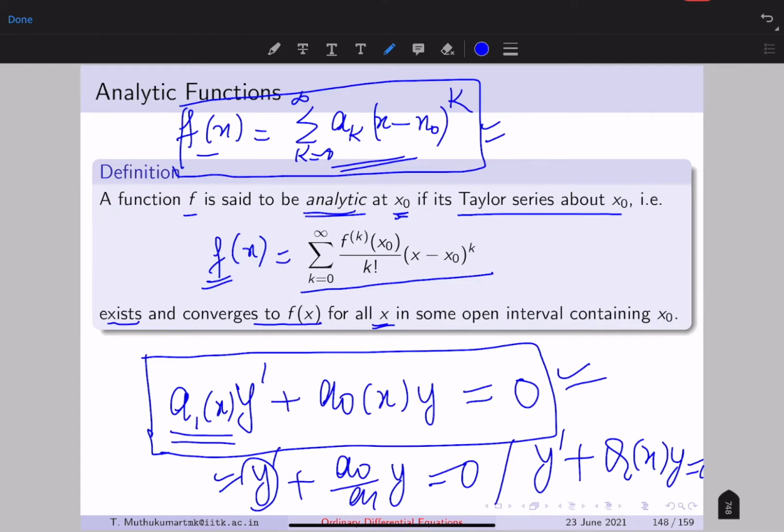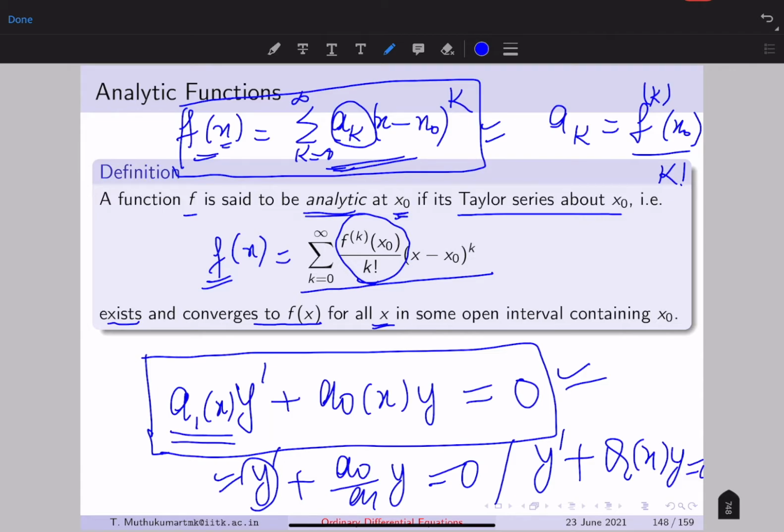Even here, if you know that f has this power series form and is infinitely differentiable, you can show that the coefficients a_k are the kth derivative of f evaluated at x0 over k factorial. How? Because it's infinitely differentiable, you differentiate, and if you plug in x equal to x0, many terms will be 0.